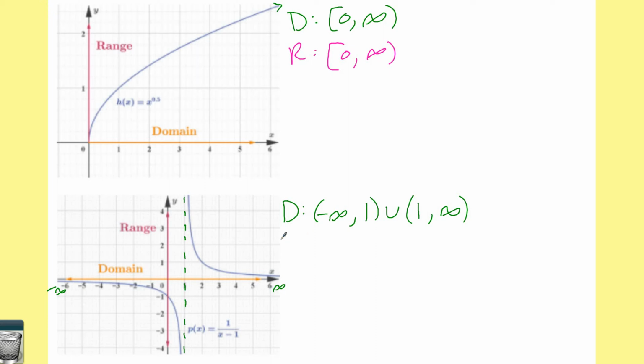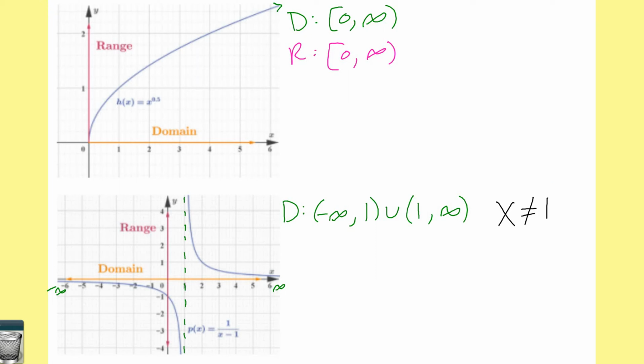Okay, and what I meant earlier by you don't want to worry too much about notation just because there are so many different ways. I always take the easy way, honestly. So here, we basically did every number but 1. So an easier way of writing that is just saying x can't be 1. It's the same thing. I'll take it. Okay? If you want to put it in interval notation, go for it. If you want to just tell me x doesn't equal 1, that's perfect.